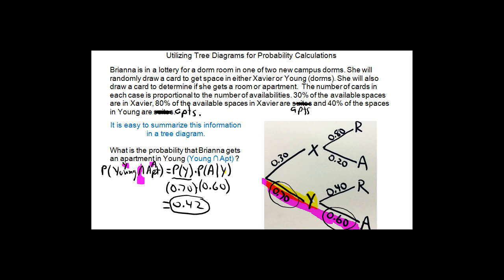So that's this branch right here. Just multiply down it. So even though the product rule for probabilities will certainly give you the answer, if you've got a tree diagram and you're looking for this intersection, just multiply the probabilities down the appropriate branch and you have the answer. So that's what I'm trying to get you to visualize: the product rule for probabilities as being multiplication down the branch of a tree diagram.